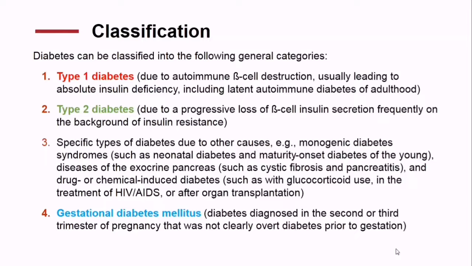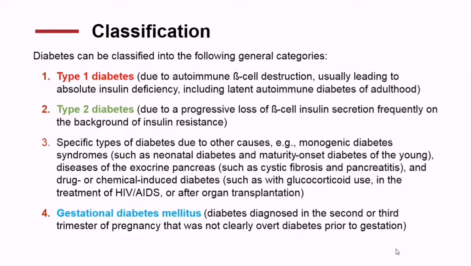And there are specific types of diabetes due to other causes. For example, monogenic diabetes syndromes such as neonatal diabetes and MODY, that is maturity onset diabetes of the young, and diseases of the exocrine pancreas such as cystic fibrosis and pancreatitis. Diabetes can also be drug-induced or chemical-induced, like steroid usage.